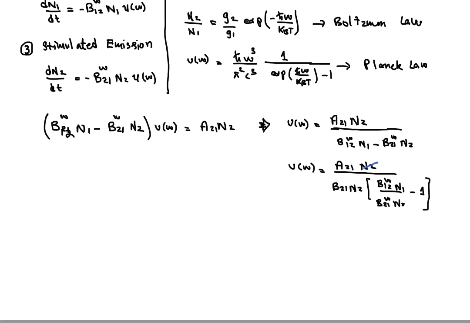This N2 will cancel out with this N2, and we are left with A21 over B21. So we have one term here and we have the other term here.